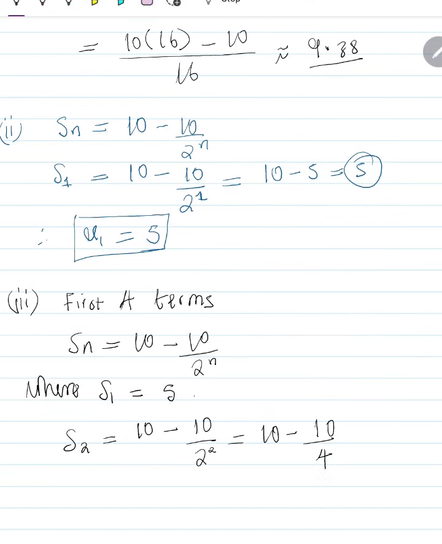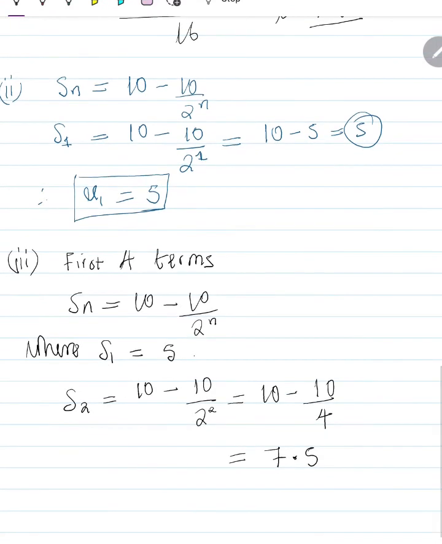Next, I will simplify this. So this is just 40 minus 10, which is 30, so 30 divided by 4, which is 7.5. So the sum of the first 2 terms is 7.5, but the first term is what? The first term is 5.